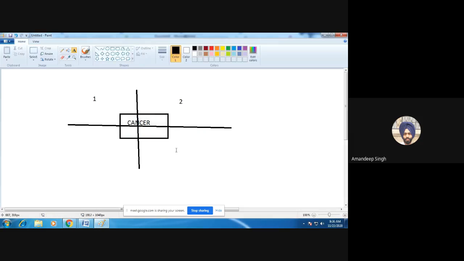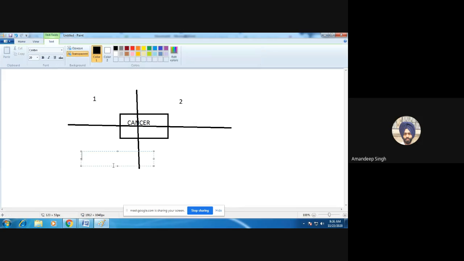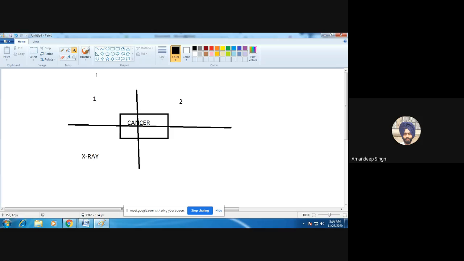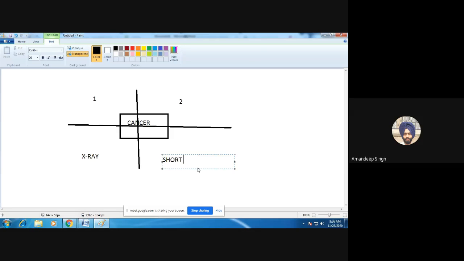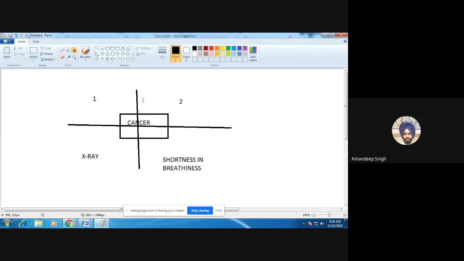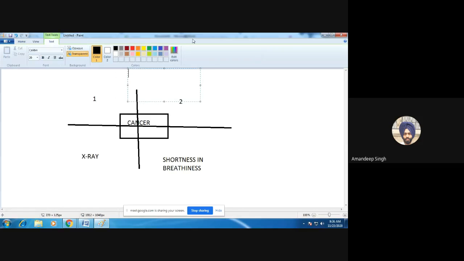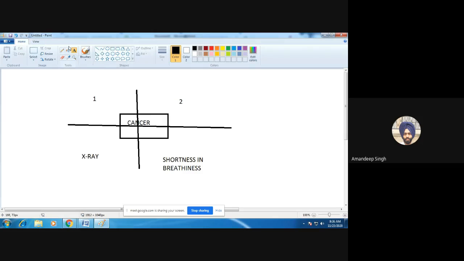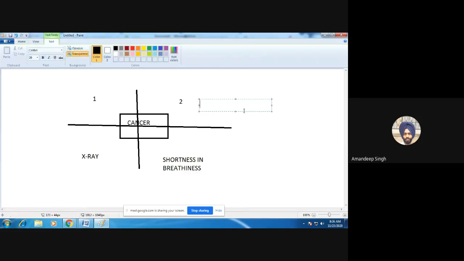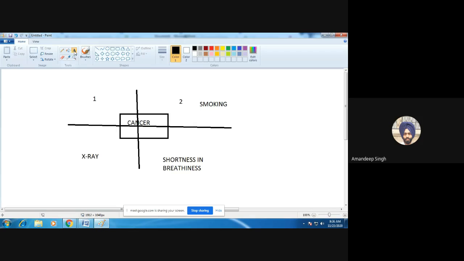Then here you were having an X-ray, and here we were having shortness of breath.